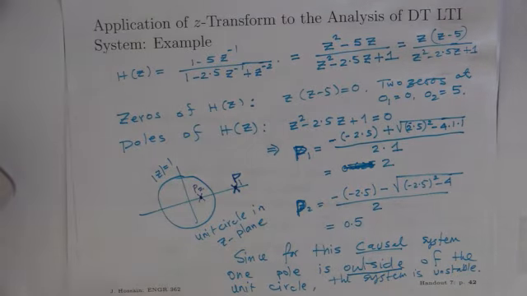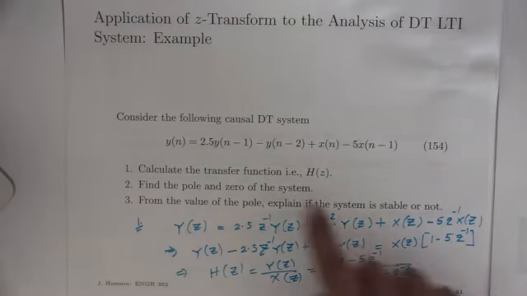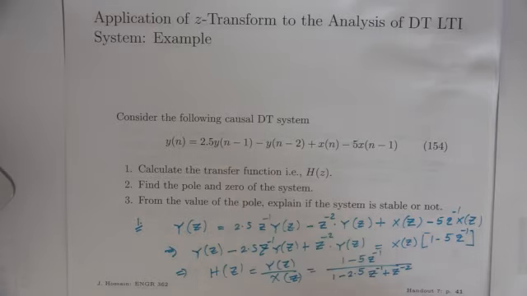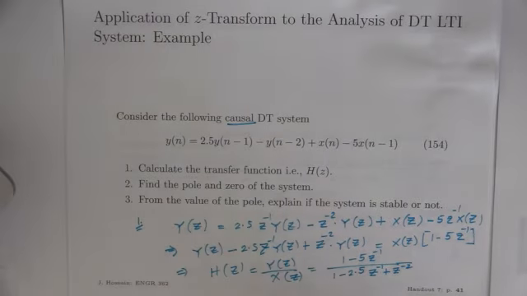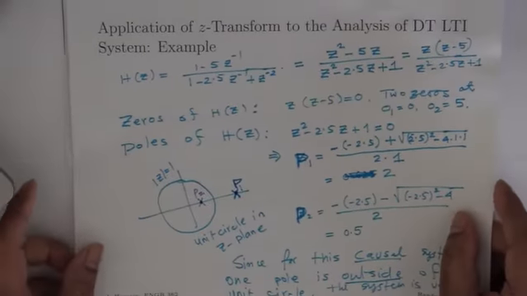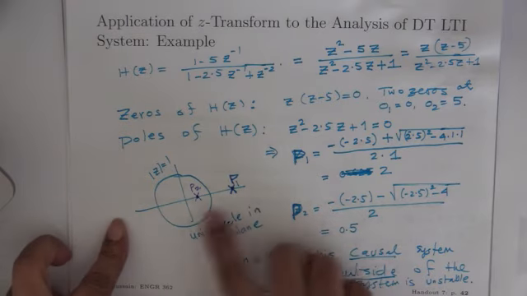So to summarize what you have learned so far: if I give you the difference equation, you need to find the H of z, right? And this is a causal system, as already mentioned. You can see from this difference equation, you need to find the poles of the system. You try to see if a pole is outside of the circle. I have drawn two poles for this particular system.